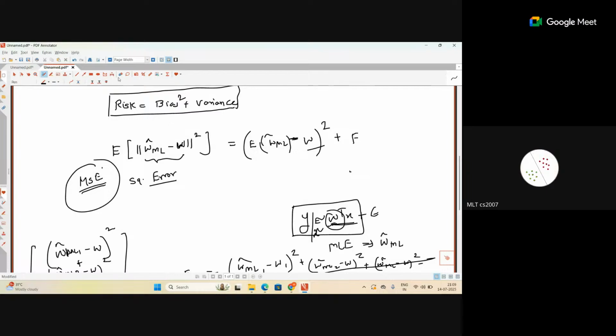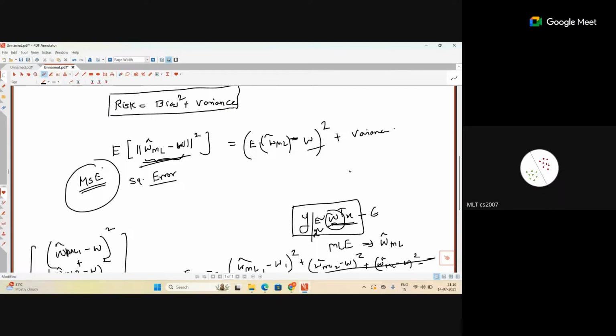I will not go into detail; you can find it out anyway, it's not difficult. I think it is the expectation of (w hat ml minus w) whole square or something like that. It's going to be this quantity only again, the expectation of (w ml minus w) square. So now let us say this is the variance.